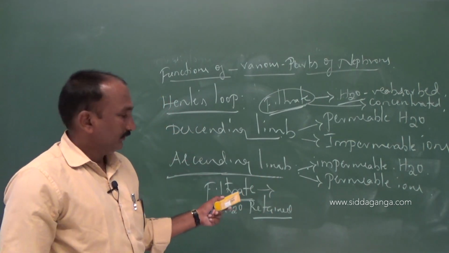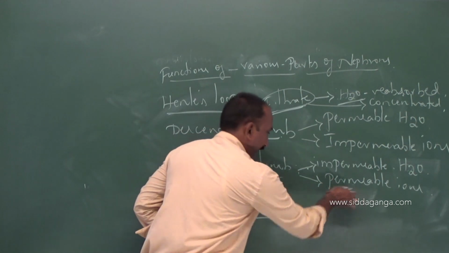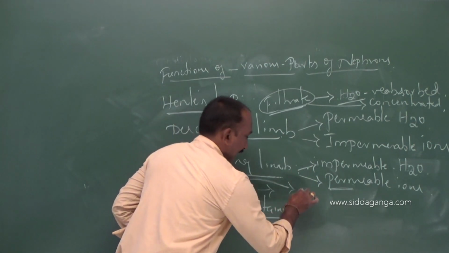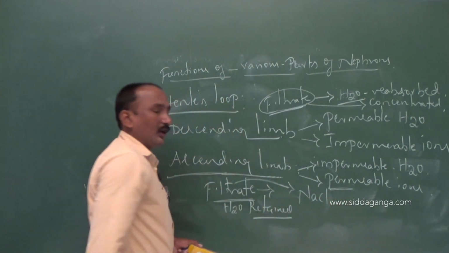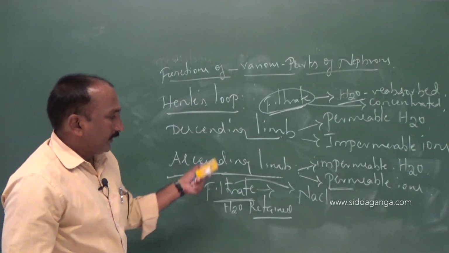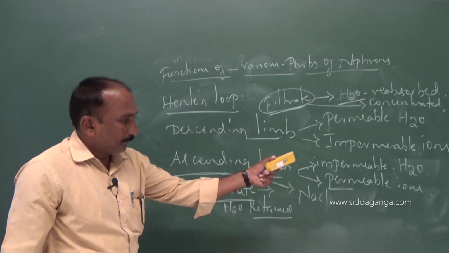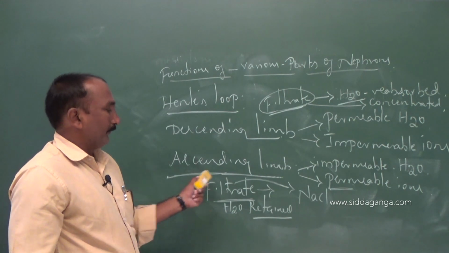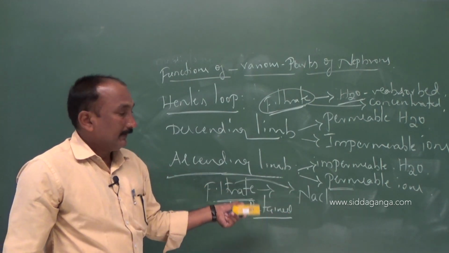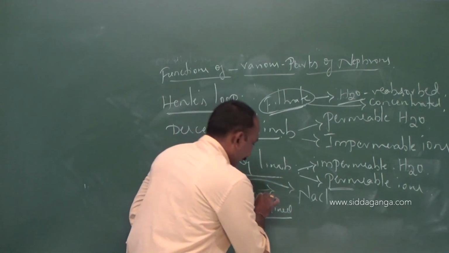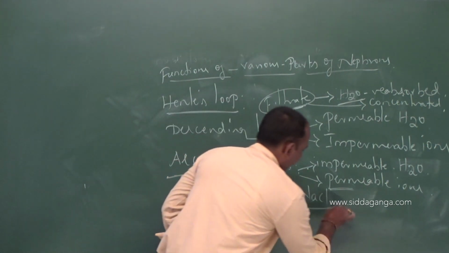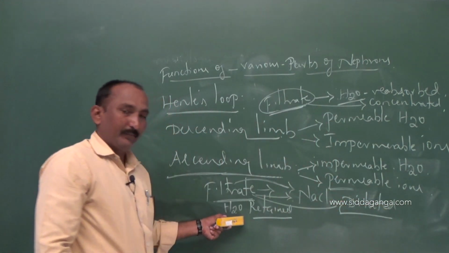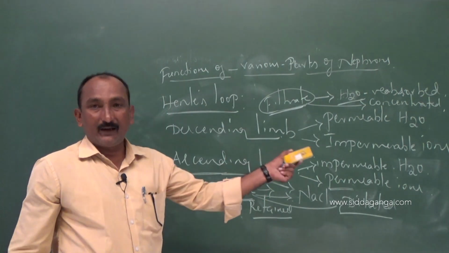But because it is permeable to ions, ions such as sodium or potassium are reabsorbed from the filtrate to the interstitial fluid. As a result, the filtrate loses ions and becomes diluted, because water is retained and only the ions are reabsorbed.